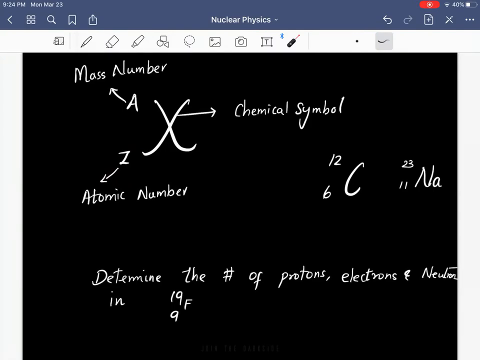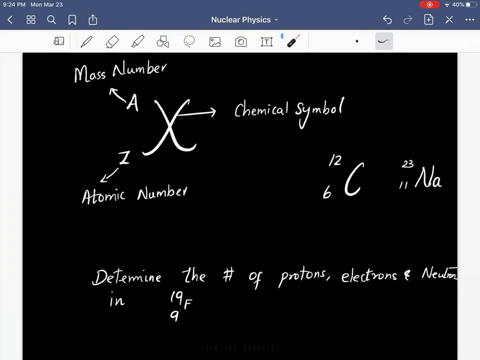So let's have a look at carbon. Carbon has an atomic number of 6 and a mass number of 12. We already know that the mass number is the number of protons plus the number of neutrons, whereas the atomic number is either the number of electrons or the number of protons. Similarly, if you look at natrium, which is actually sodium, it has a mass number of 23 and an atomic number of 11.